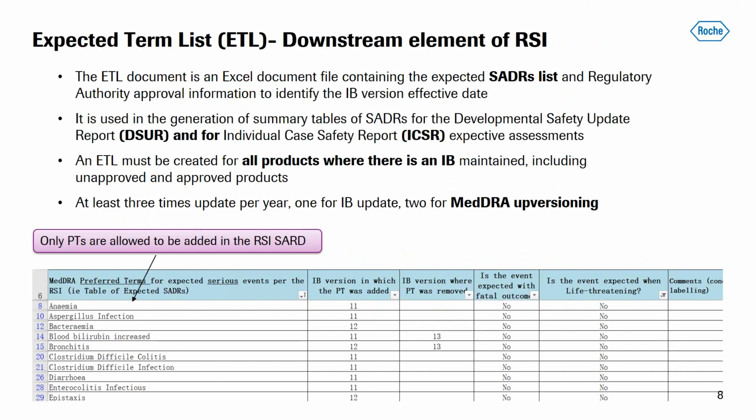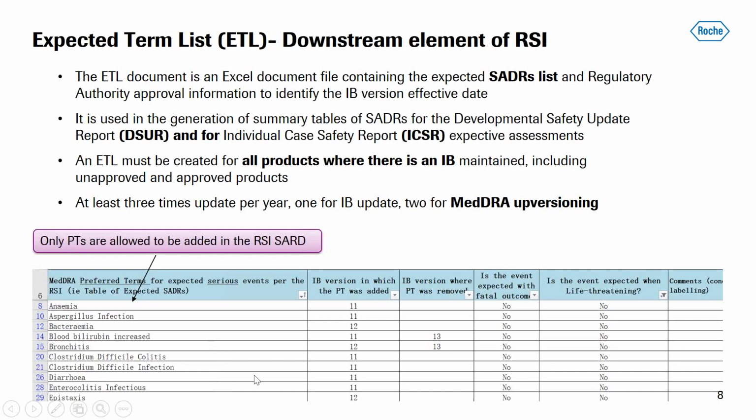Next, I'm going to talk about the expected term list, the ETL. So this is the downstream element of the RSI. It is an Excel document file, so it contains the expected SADR list here. And here I only show the SADR table.